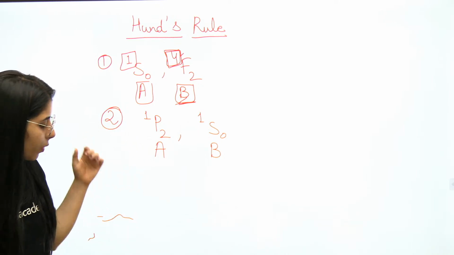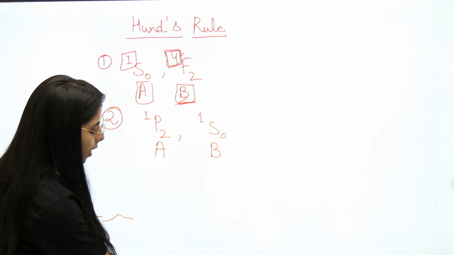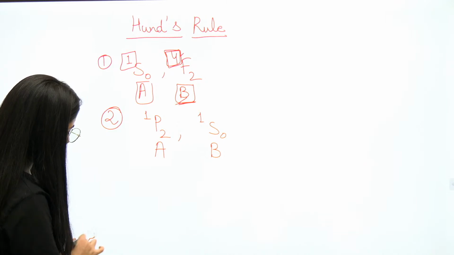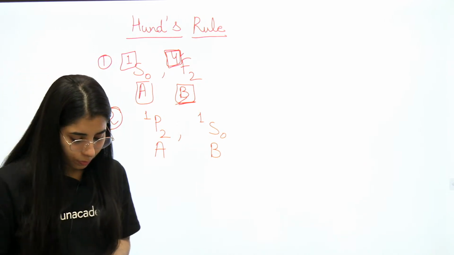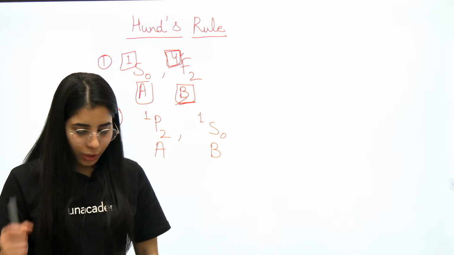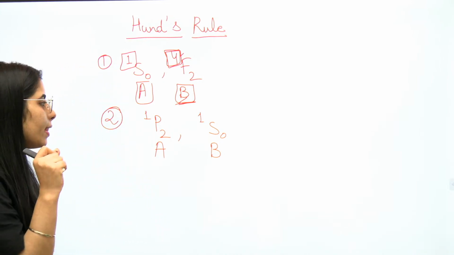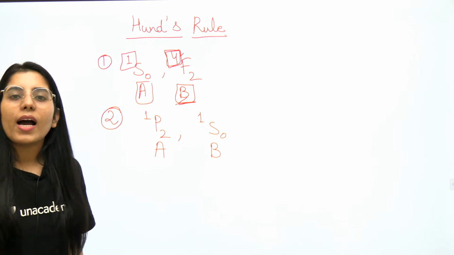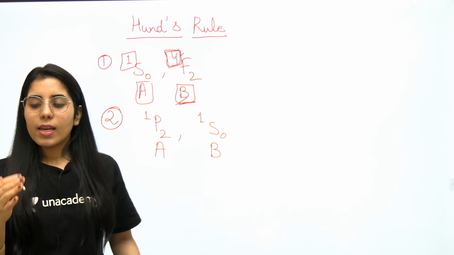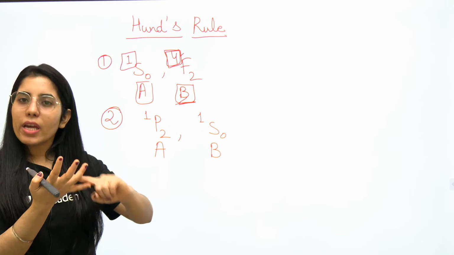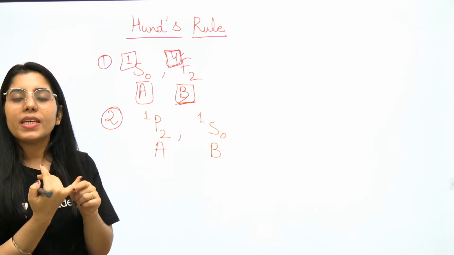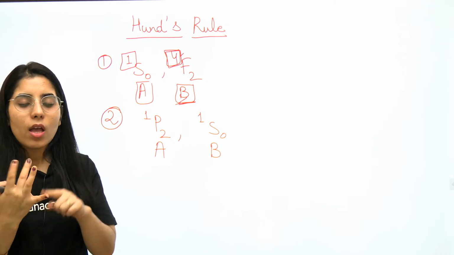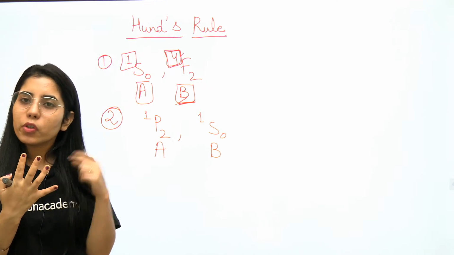In the second example. The examples we are taking randomly here, but I want to make the concepts clear to you. That's very good. And what is the rule? The rule is largest L term will have the lowest energy, like S, P, D, F. So S is having the L value equal to 0, P is having the L value equal to 1, D is having the L value equal to 2.